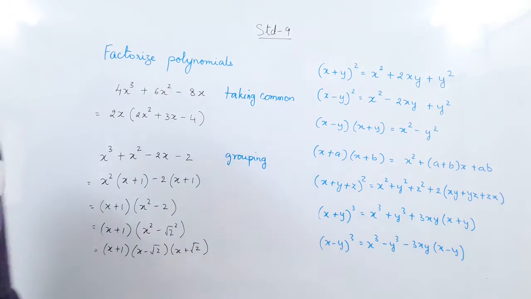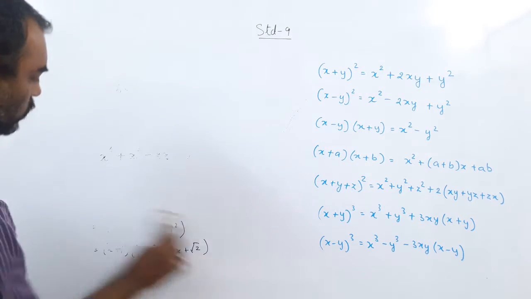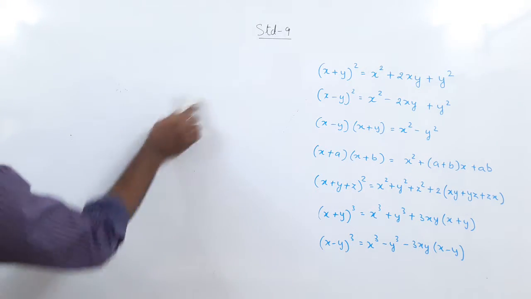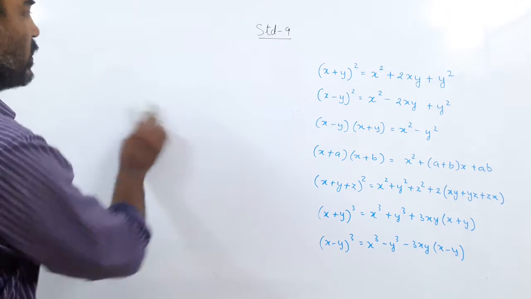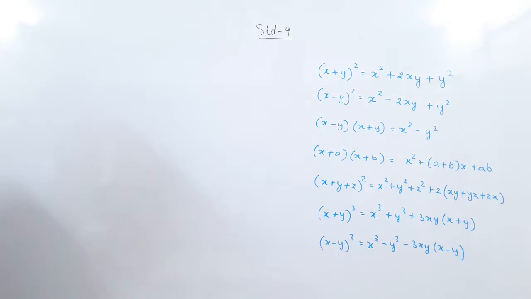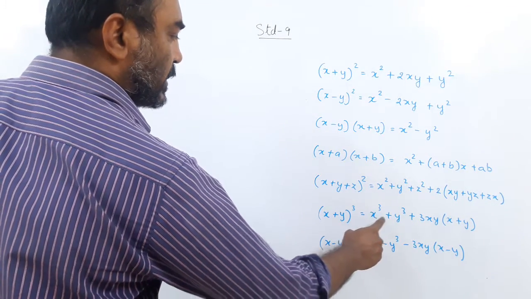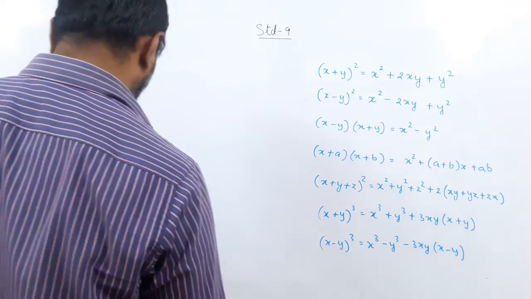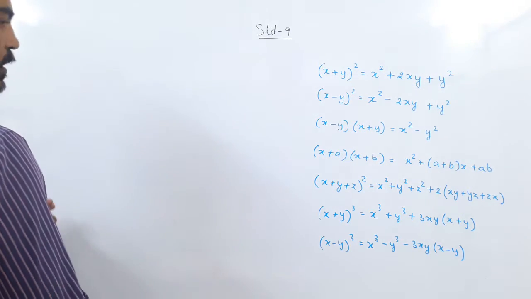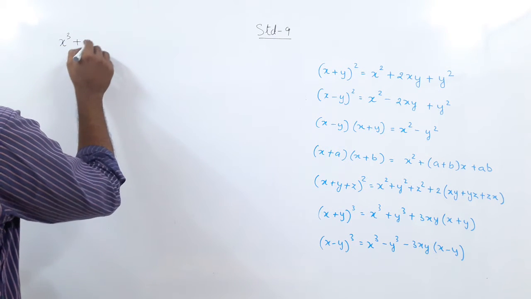Today we are going to derive the new identities, from factorization only. Or we can even say the expansion or the factorization, either. So we have here (x plus y) the whole cube is x cube plus this one. So now suppose I have got only x cube plus y cube.